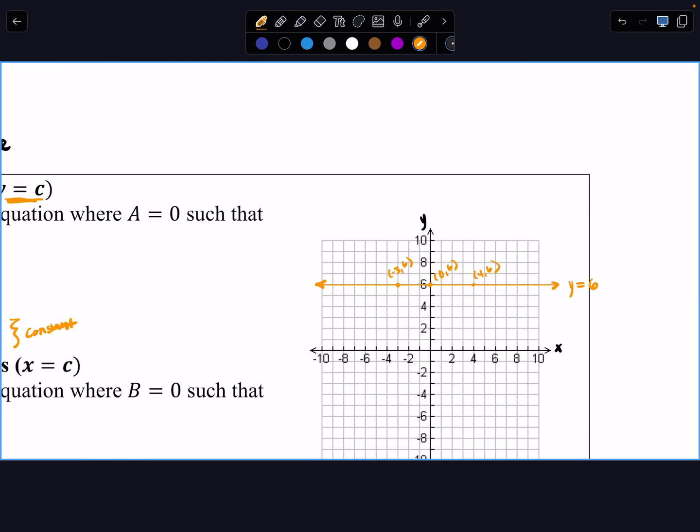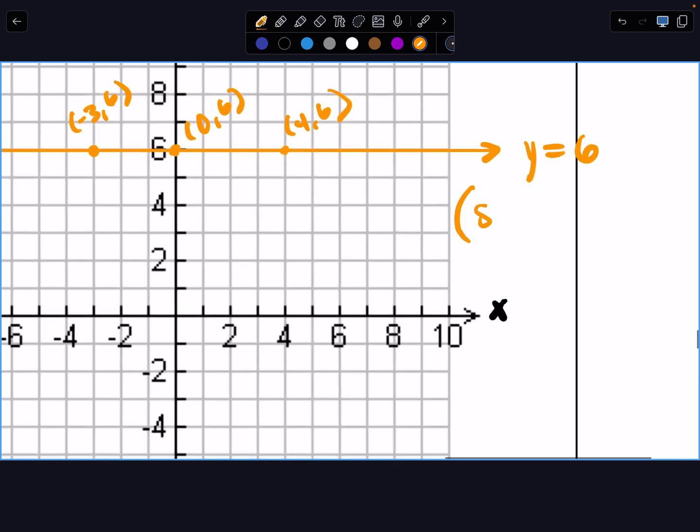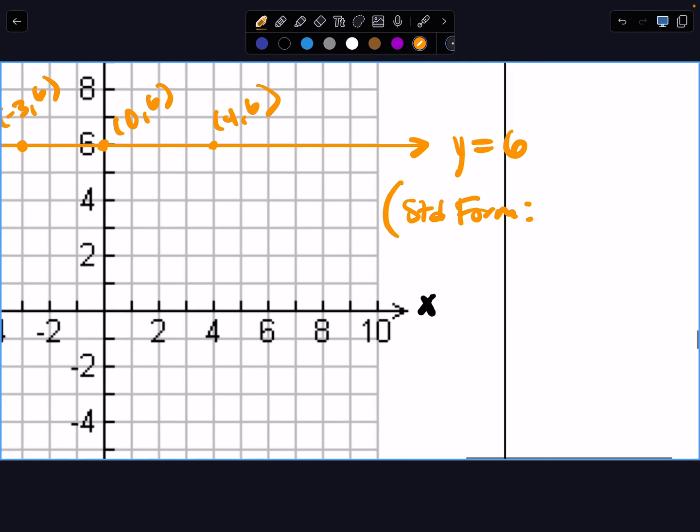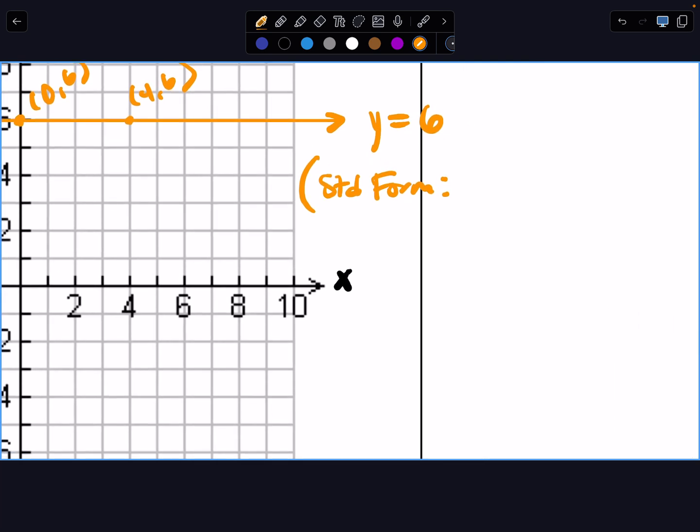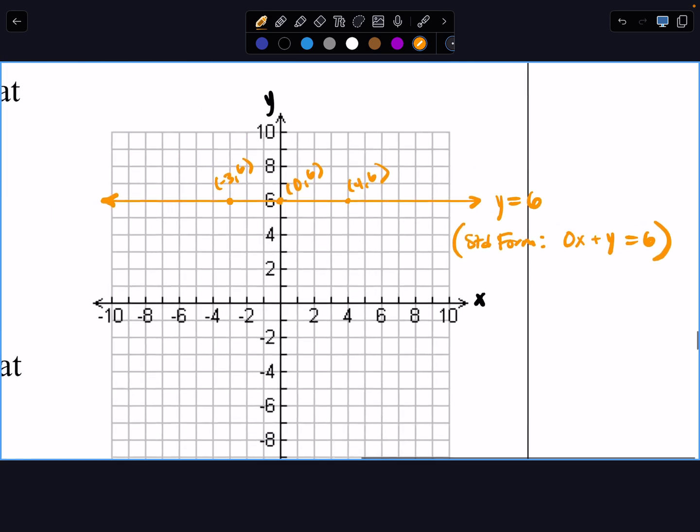In standard form, you wouldn't do that. There wouldn't be a good reason to do this. But in standard form, you could think of that as 0x plus y equals 6. That's technically standard form, whereas y equals 6 is technically standard form too, in one way you could think of that.